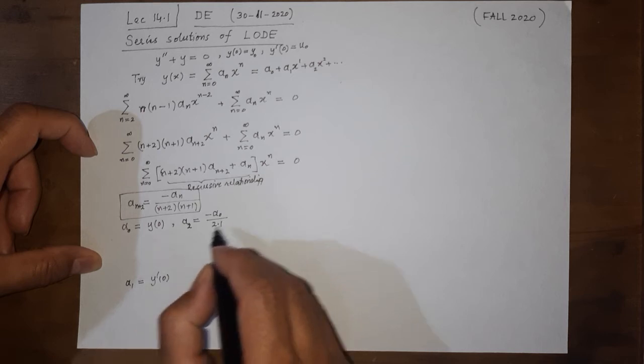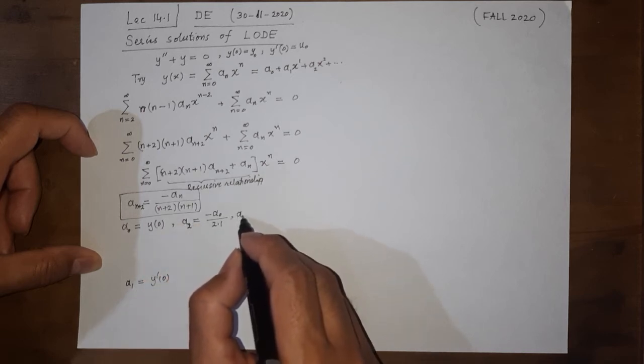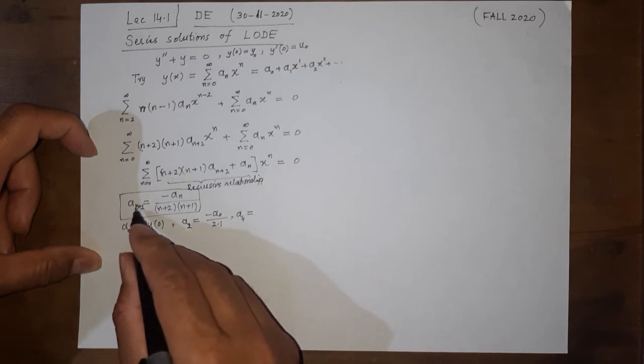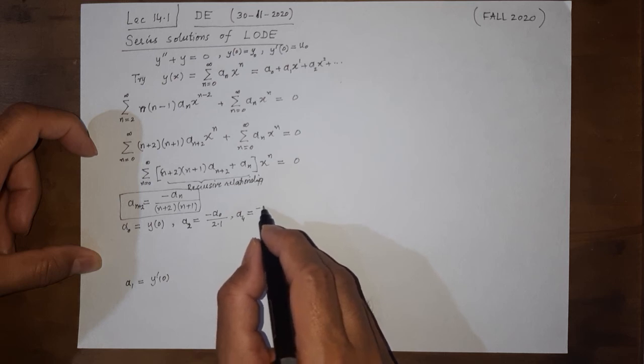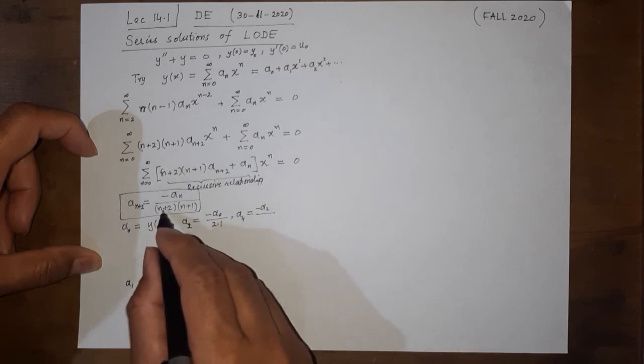Similarly, knowing a2, we can find a4. For n equal to 2, a4 would be minus a2 over (2 plus 2) 4 into 3.